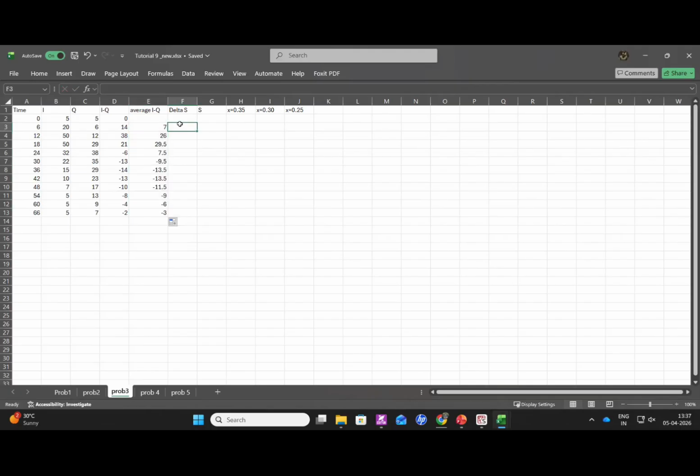Then you compute the delta S, which is the average I minus Q into delta t, and your delta t in this case is again 6 hours. This is going to be your delta S.